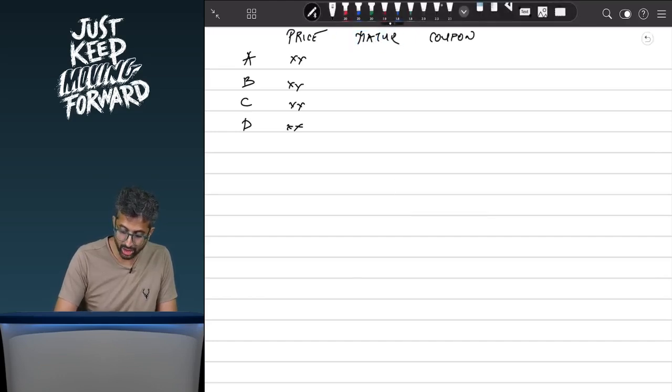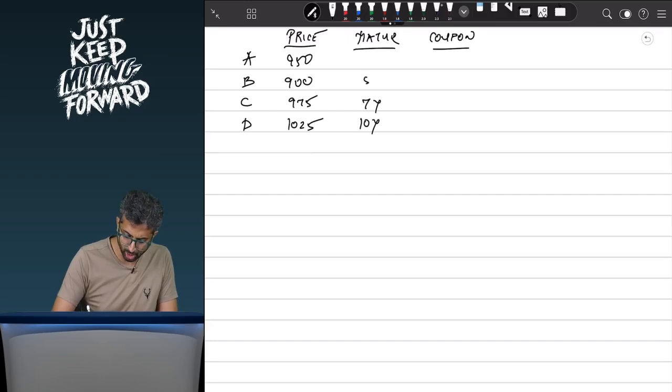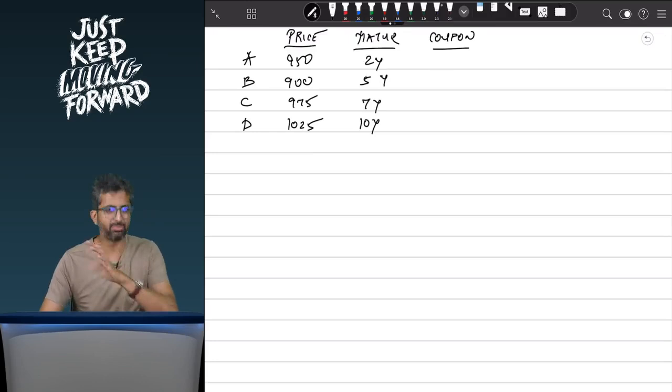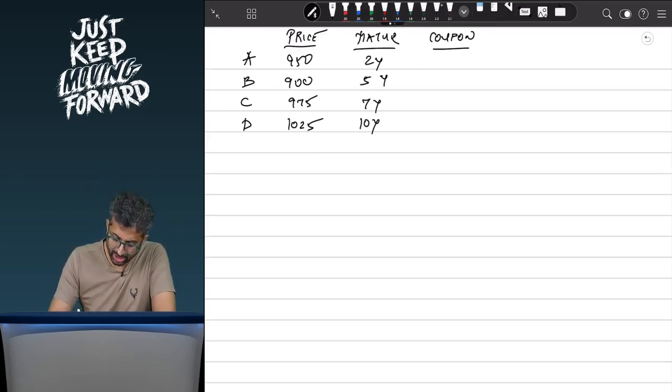Let us say this is a bond at 950, this is at 900, this is at 975, this is 1025, this has a maturity of 10 years, this has a maturity of 7 years, this has a maturity of 5 years, and this has a maturity of 2 years. I'm taking hypothetical numbers, so don't try to cross compare data over here. So let us say this is having a 2% coupon, 5% coupon, this is having a 10% coupon, and this is having a 7% coupon.